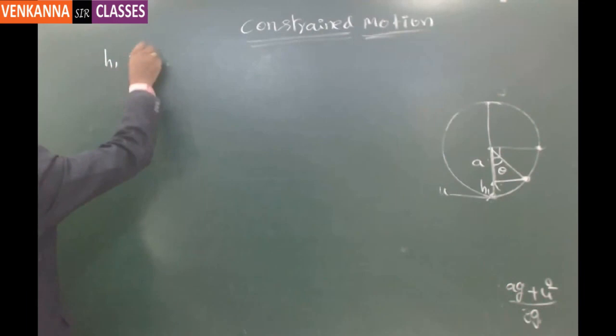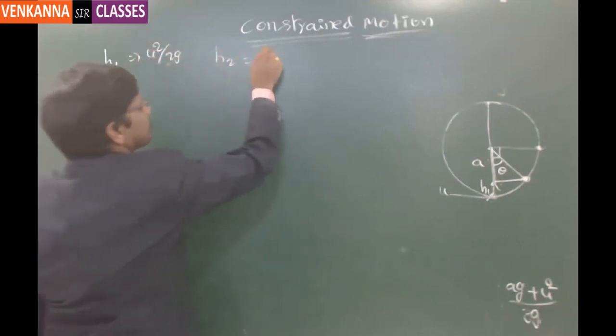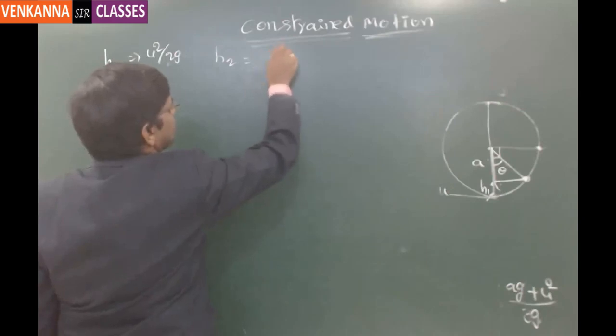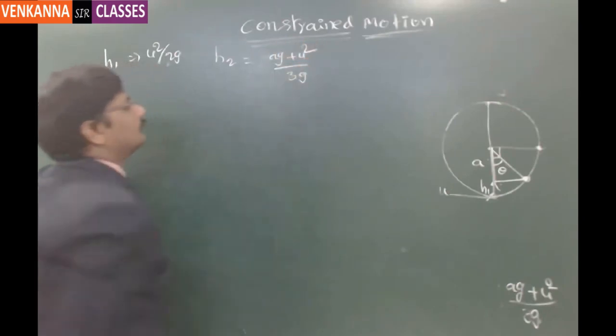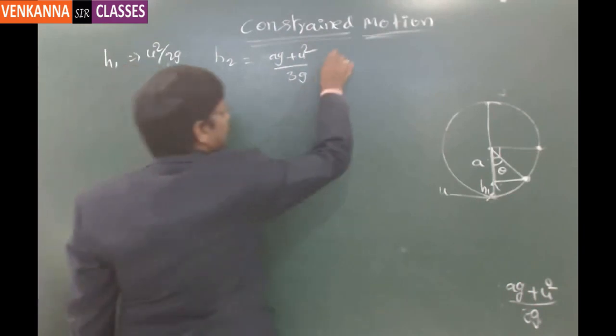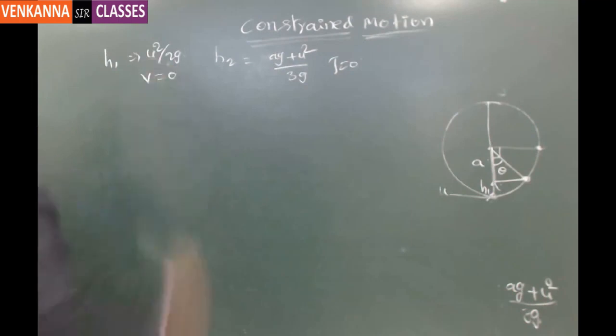H1 is equal to u square by 2g and H2 is equal to ag plus u square divided by 3g. So this is where the tension becomes 0, and this is where the velocity becomes 0.